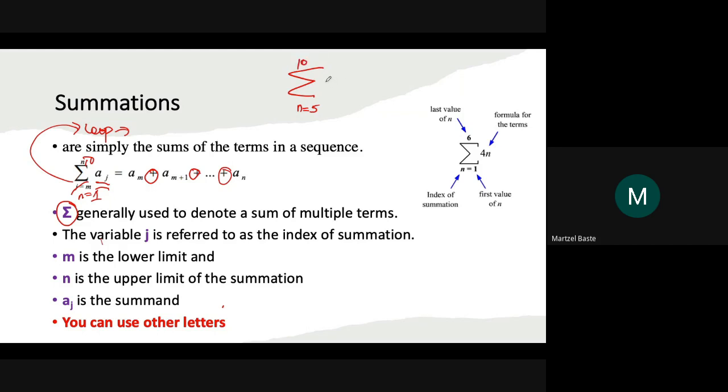The result would be 5, 6, 7, 8, 9, 10. This is the number series generated. Then you sum 5 plus 6 plus 7 plus 8 plus 9 plus 10, and the result is the sum of these numbers. So what is it? Go ahead, add them up.